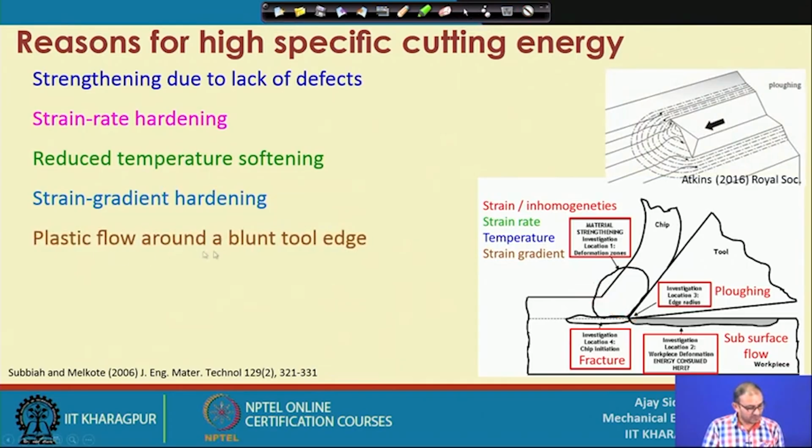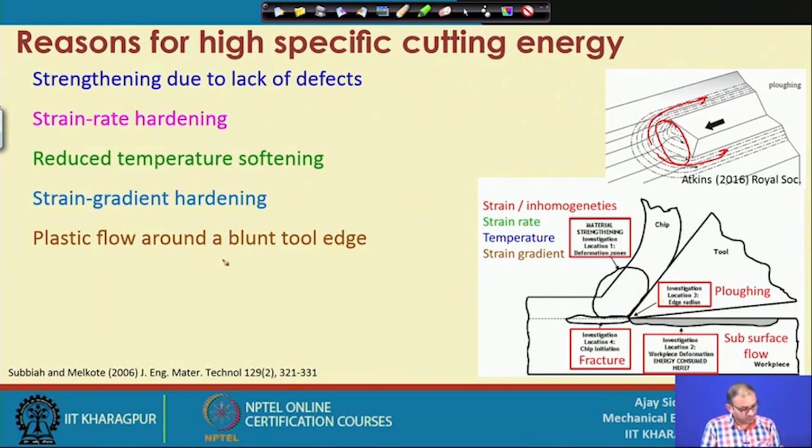Right. So, plastic flow around the blunt cutting tools. This diagram we have also seen in the previous lecture or previous slides. Here material is deformed ahead of the tool, some material is transferring to the sides, and some of the material is accumulated on the rake face of the cutting tool.